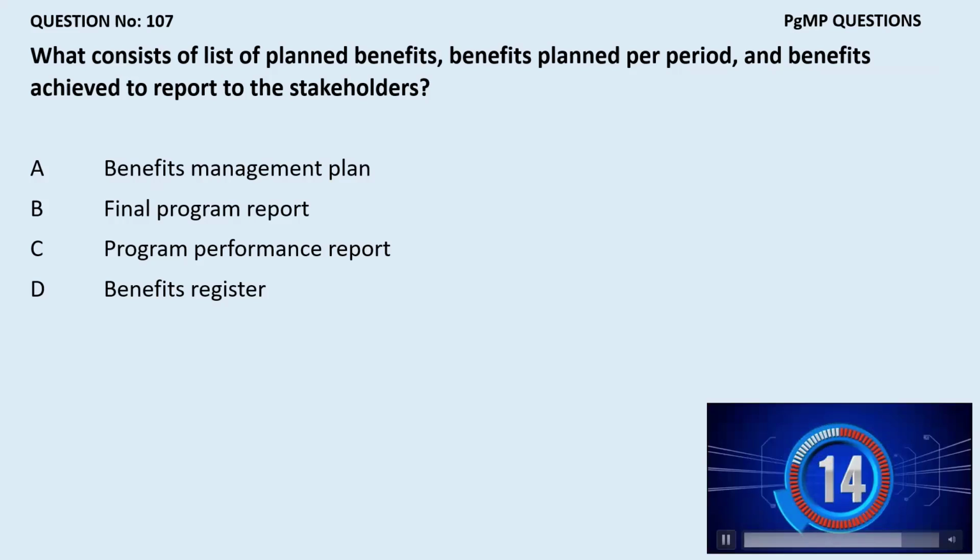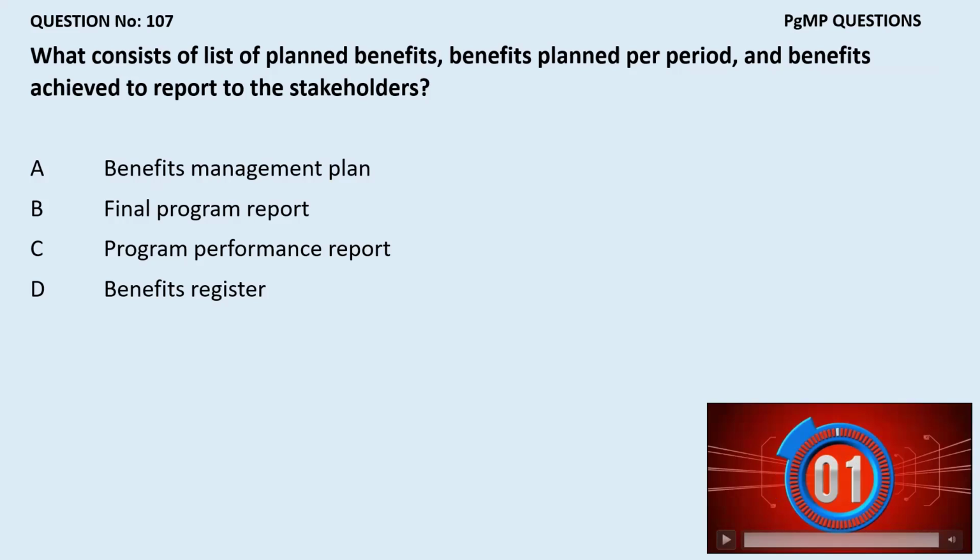The program manager prepares these and contains a summary of the progress of all components, a description of whether the program goals will be met, status information about what work has been completed, what work remains to be completed, earned value, risks, changes under consideration. End of story for the program performance report. This is a straightforward question. The list of planned benefits is only in your benefit register.